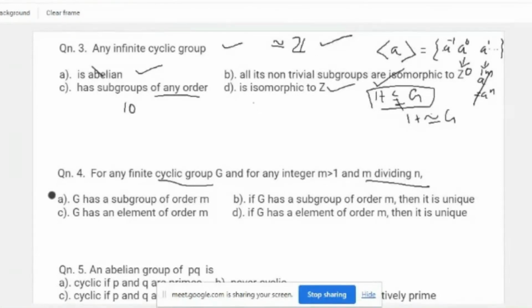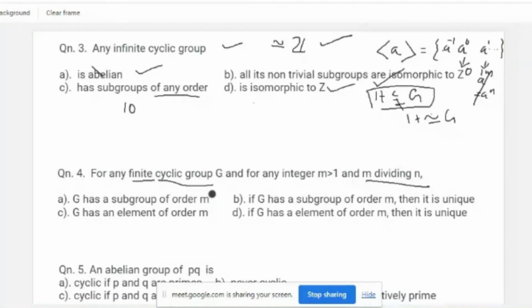Can anyone say whether it's right or wrong? Option A. A finite cyclic group, and there is a divisor m of the order of G. Can we say G has a subgroup of order m?